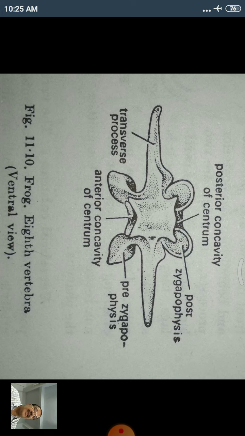So both sides have concavity. The eighth vertebra consists of concavity on both the sides, with the top prezygapophysis, postzygapophysis and transverse process.